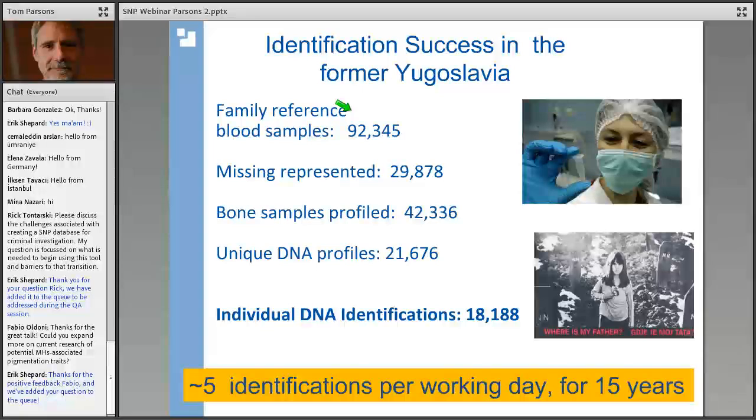So we have to work very hard in public outreach to achieve that degree of collection, find close first and second degree relatives, or in some instances more distant relatives. I'm not going to go into this slide in any great detail, except to mention that in that particular work context alone, we've identified over 18,000 people using highly certain DNA analytical procedures.